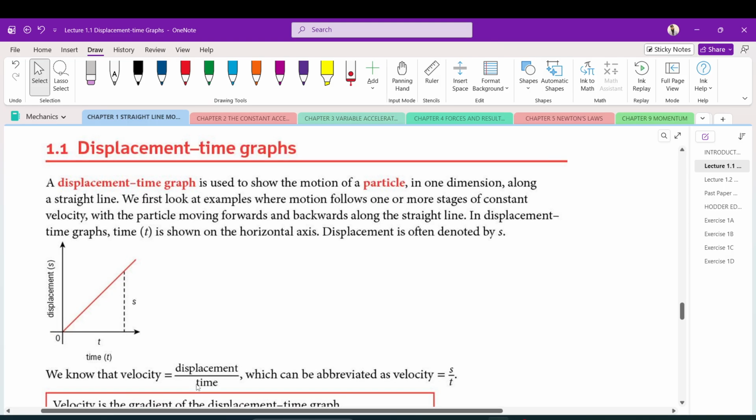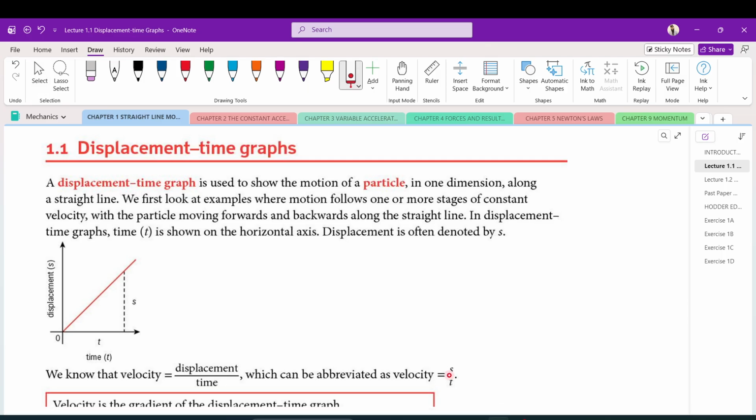We know that velocity is equal to displacement over time, which can be abbreviated as s upon t. Over here, I mentioned earlier that the gradient of a displacement time graph will give us velocity. So let's take a look at why that is the case.